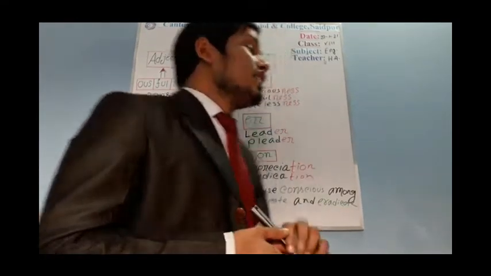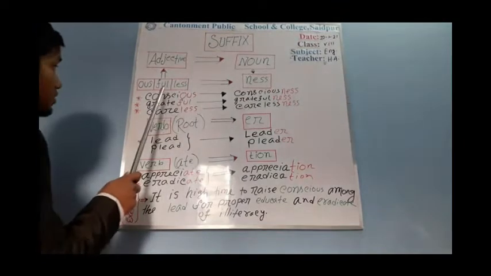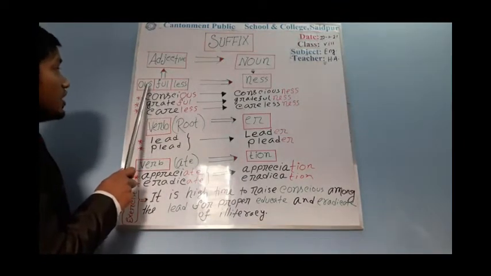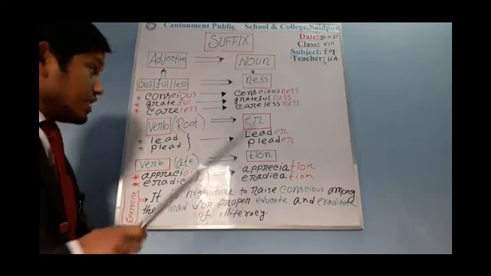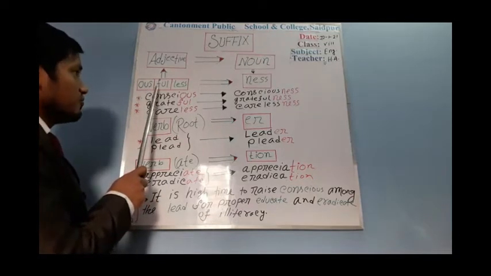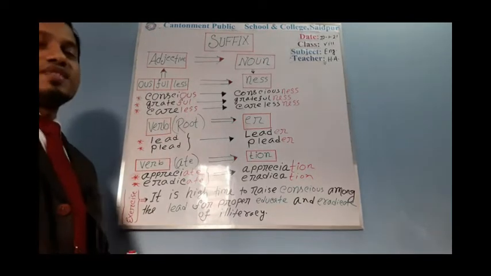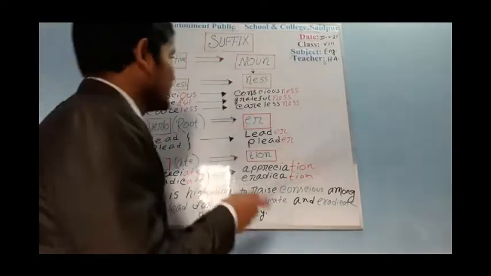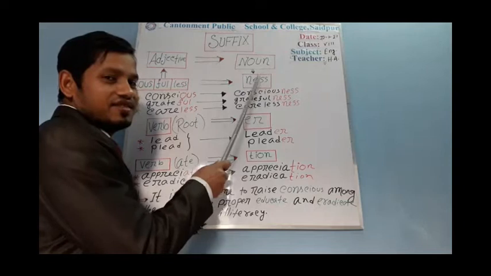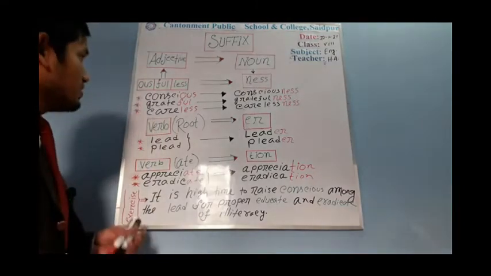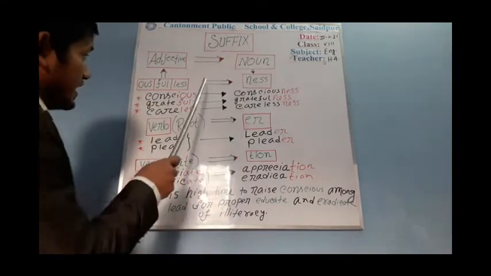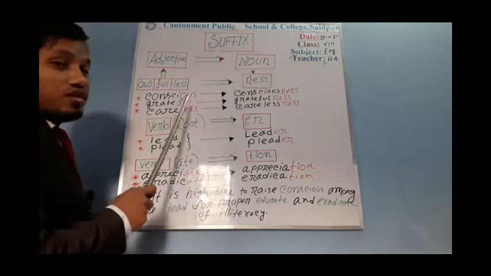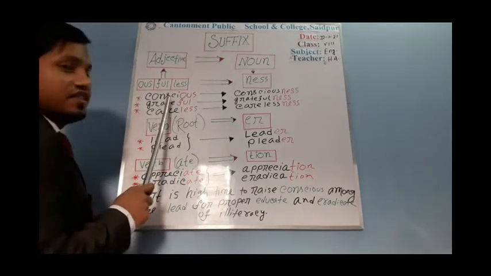Learners, I want to remind you that the words ending with OUS, FUL, LESS can be turned into a noun by adding NESS at the end of the word. Okay? Clear?